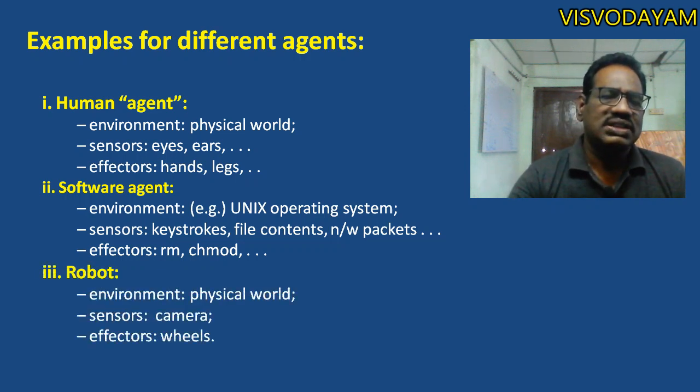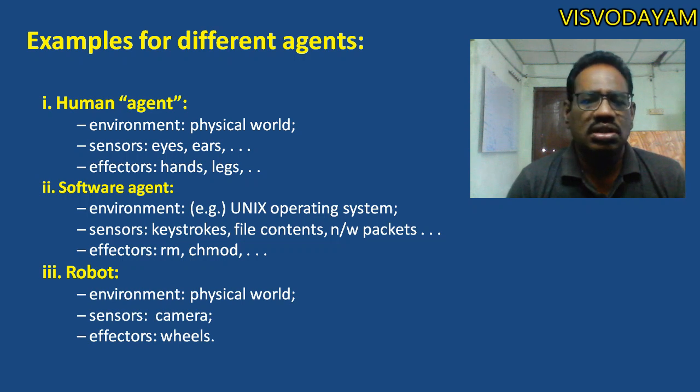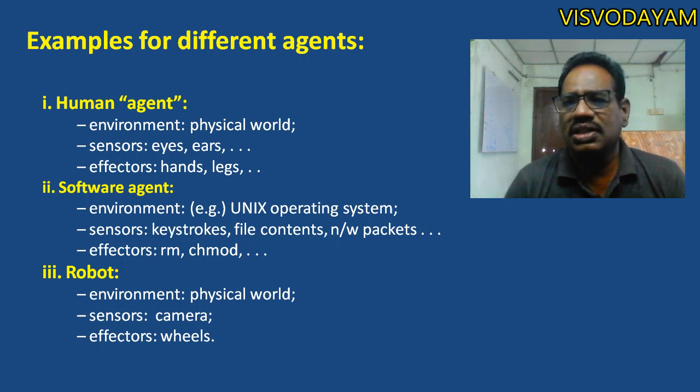And another one is a robot. A robot has an environment like the physical world, and it can sense the environment through proximity sensors, vision sensors like a camera, and temperature sensors like heat sensors.